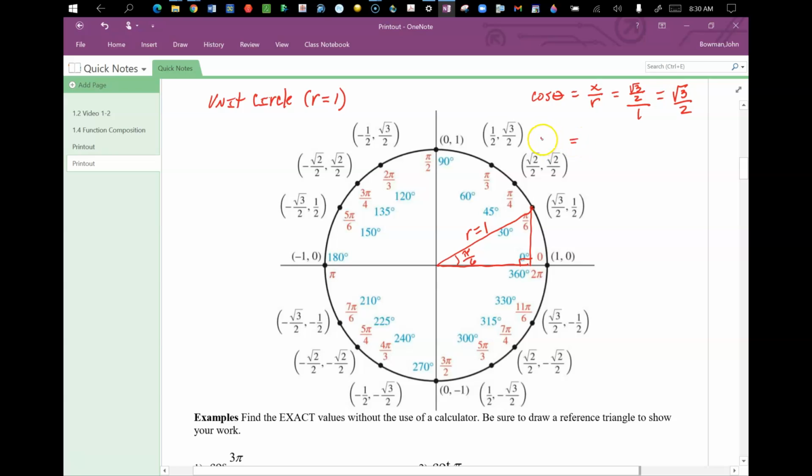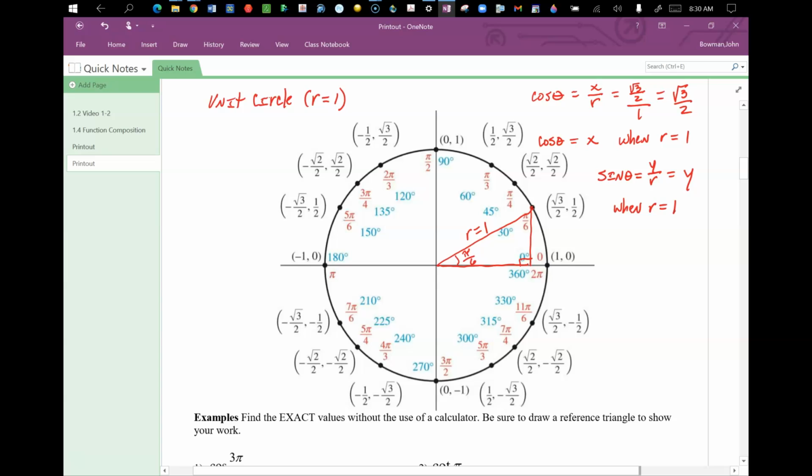Essentially what we're saying is the cosine of theta is equal to x, when r is equal to 1. Similarly, the sine of theta, which is equal to y over r, is going to be equal to y when r is equal to 1.